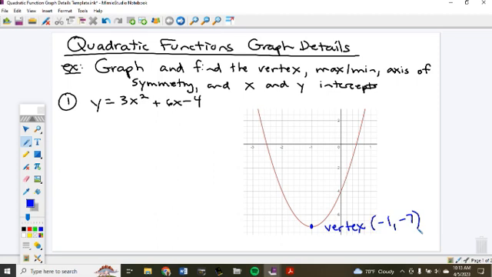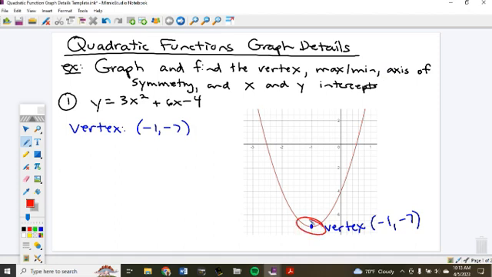Now, knowing the vertex, here's the nice thing. Knowing the vertex is -1, -7 also gives me two other pieces of information. Because this parabola is facing up, what we call concave up, it opens up and has a minimum. Remember we were supposed to find the maximum or minimum?